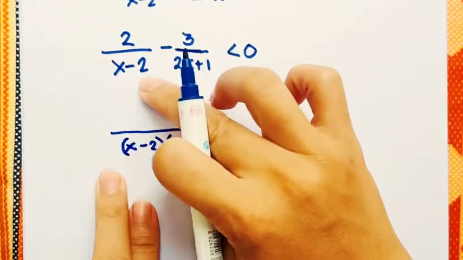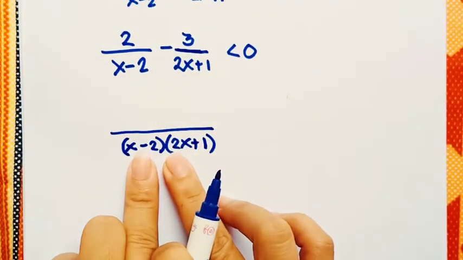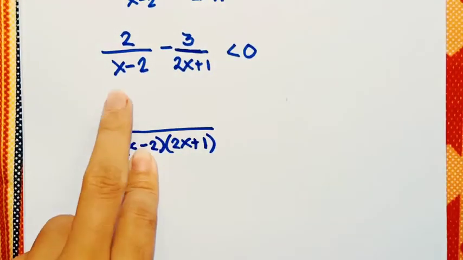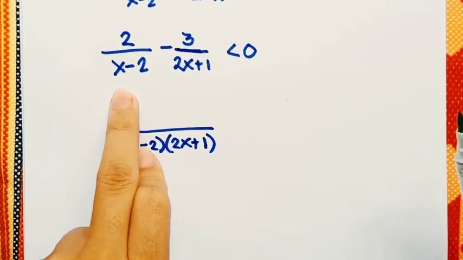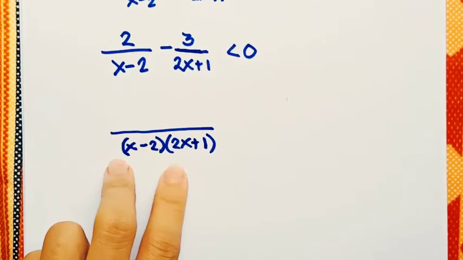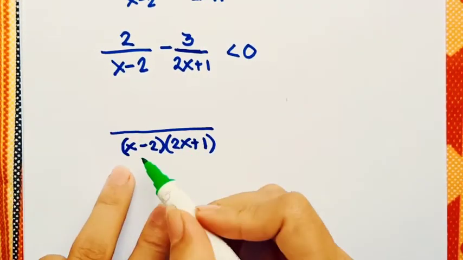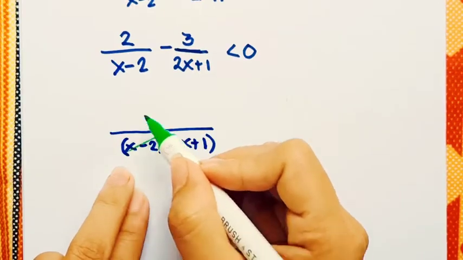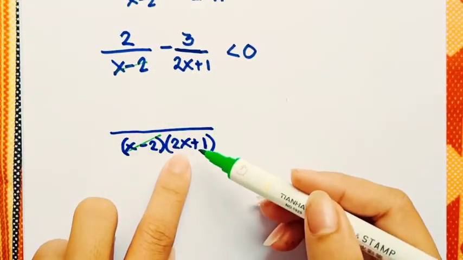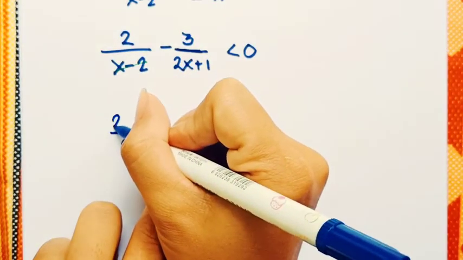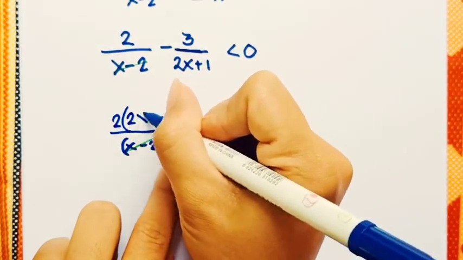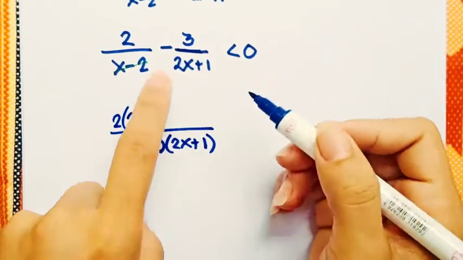So, unahon nato ang first term. LCD divided by first term, makita ninyo pag i-divide nato, makancel ni. Ang mabilin, katong numerator. So, we have 2 times 2x plus 1.